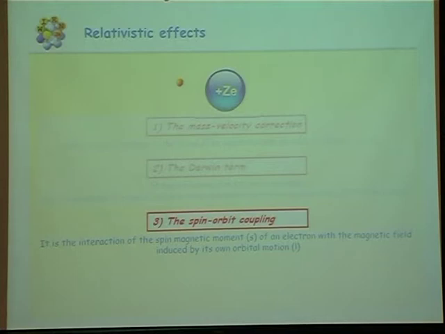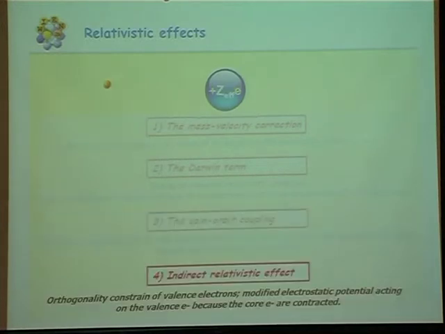So you know, if a charge is moving around, it's precessing, it produces a current, and that produces a magnetic field, and this can interact with the spin. And this coupling between angular momentum L and spin S needs to be considered, and this is the spin-orbit coupling.